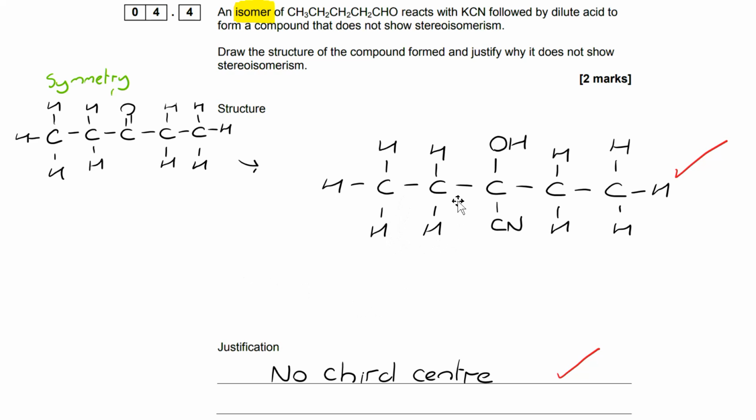The second one has got 2 H's, not a chiral center. The 3rd one has got an OH, a CN, but it's then got 2 ethyl groups, not a chiral center. My 4th carbon along, no chiral center, 2 H's, and 3 H's on the last means not a chiral center there either.